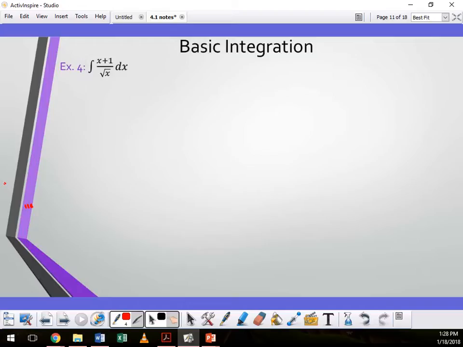It's going to be the integration of x over x to the 1/2 plus 1 over x to the 1/2, and that's my dx.